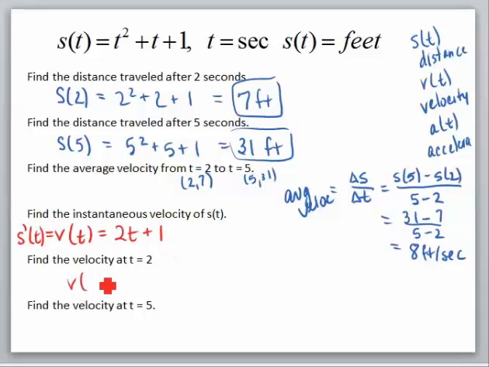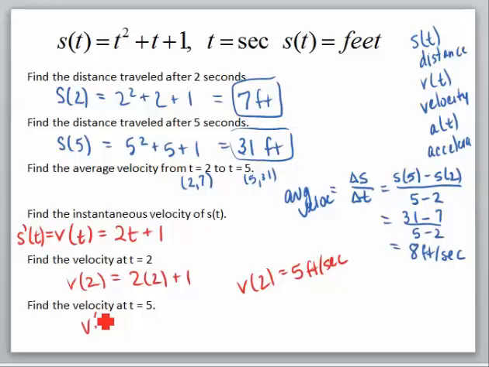So the velocity at 2 would be 2 times 2 plus 1, which is 5 feet per second. On the second one, the velocity at 5 is equal to 2 times 5 plus 1, so the velocity at 5 is 11 feet per second.